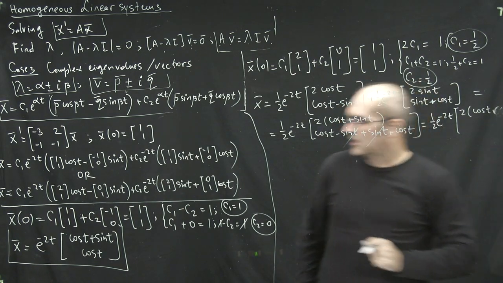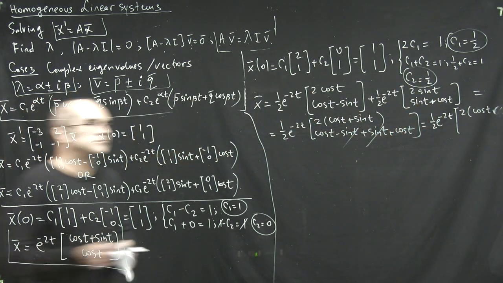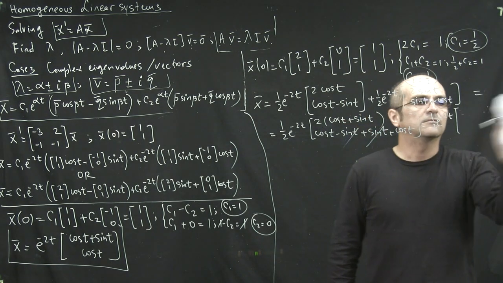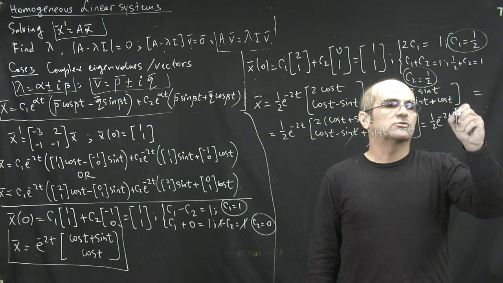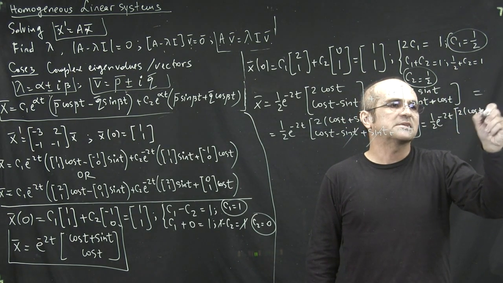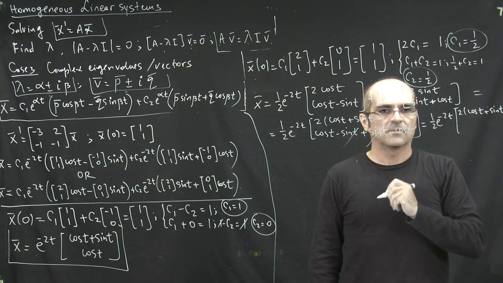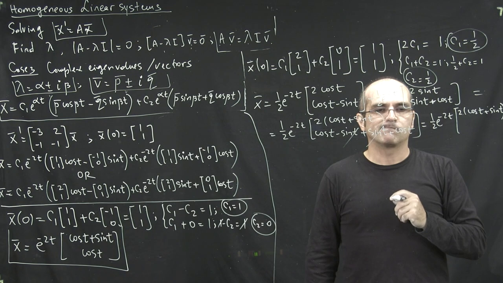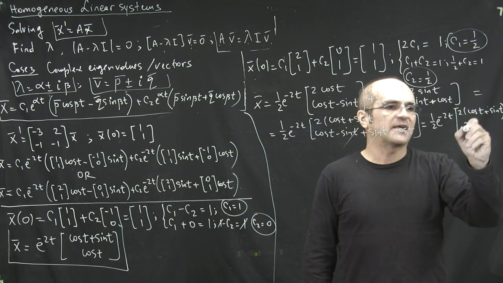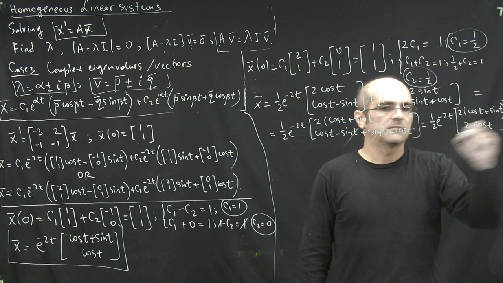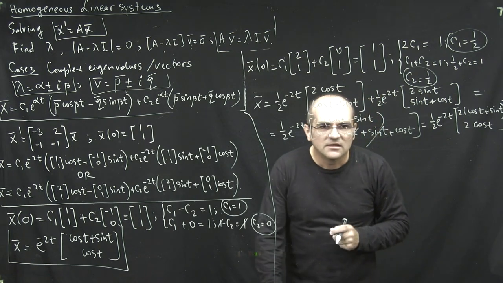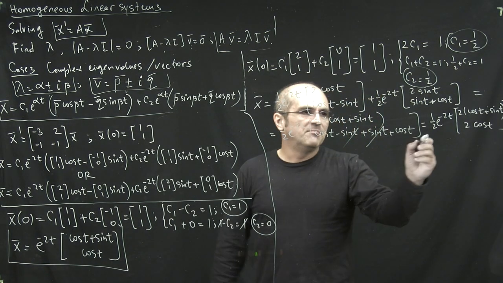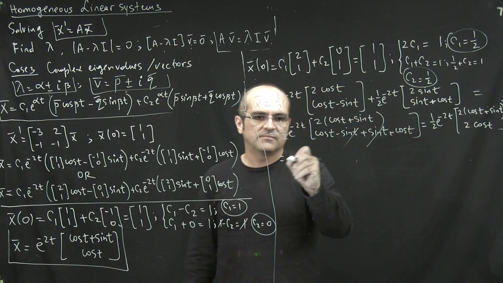Oops, out of range a little bit. So 2 quantity cosine of t plus sine of t. There you go. Here is 2 cosine of t if I combine them. Okay, so I can bring now 1/2 inside.